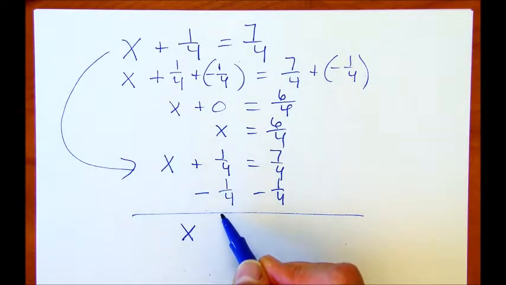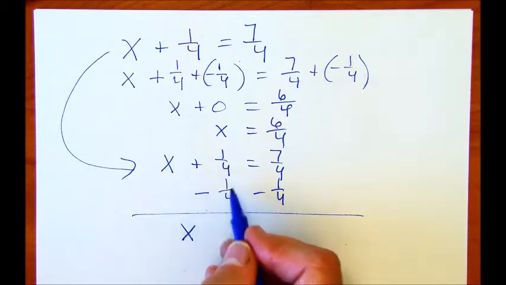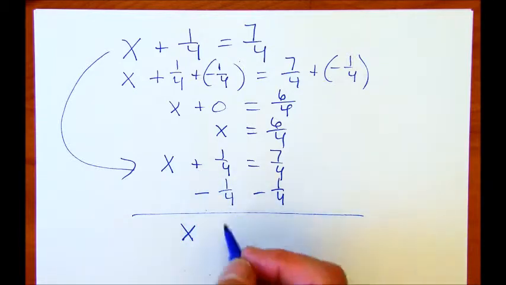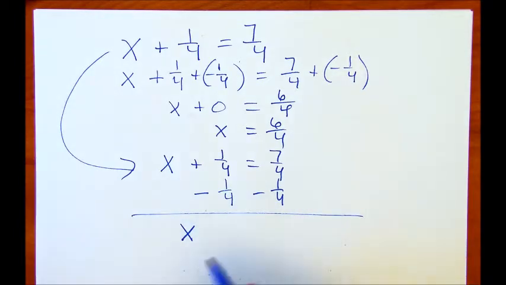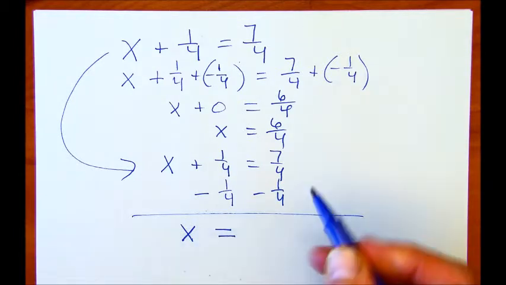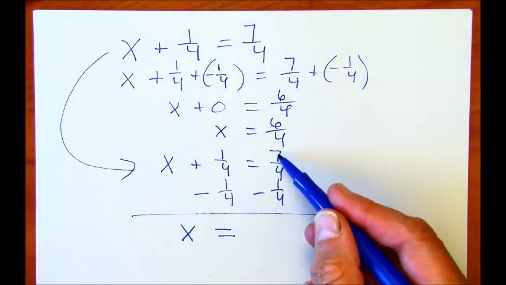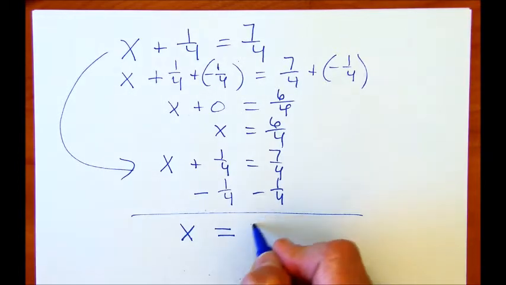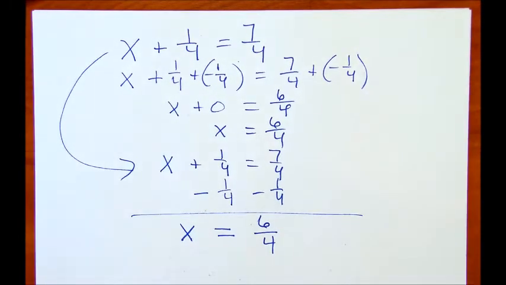This is going to be a 0. And you could put plus 0 or minus 0. But because it's going to be a 0, eventually I'm just not going to write it down. I'm going to skip that part and then just come over here. So 7/4 minus 1/4 is going to give me 6/4.